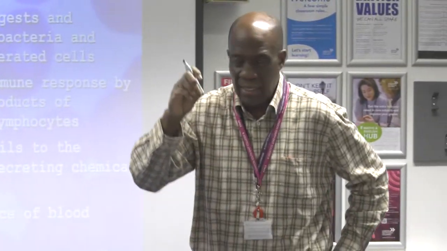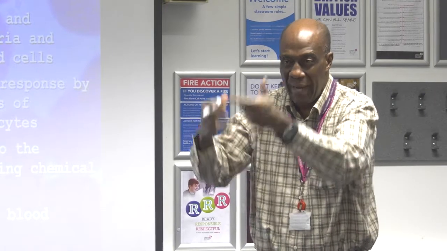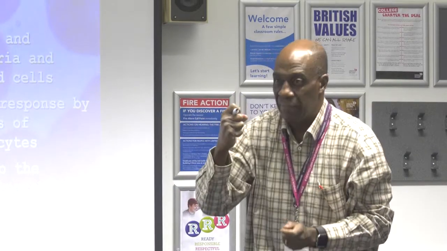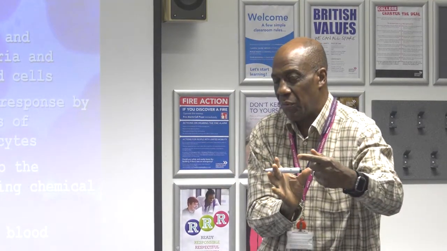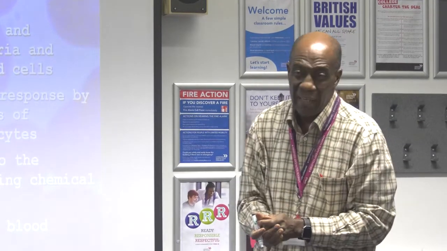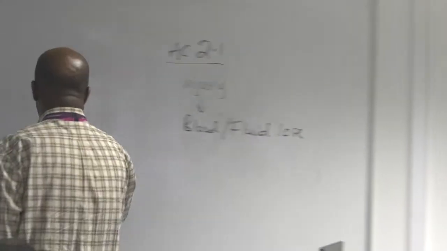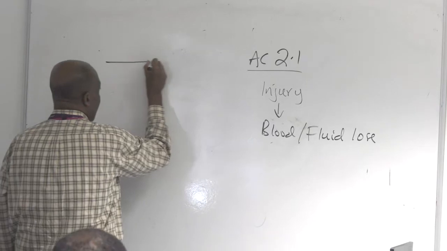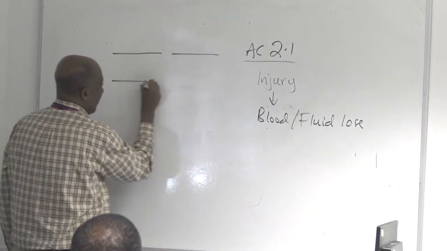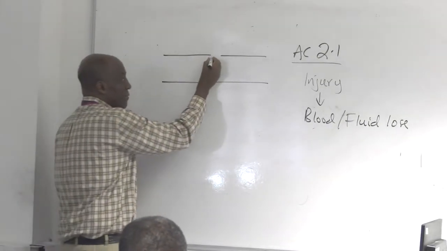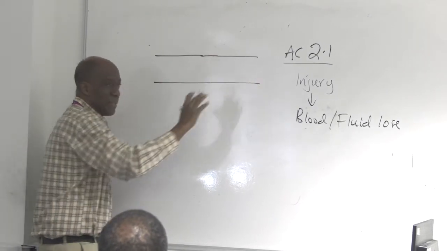But the question is, how would this person's body respond? They are in hospital. They are being seen to by the medical team. But how would this patient's body respond to help with the process of blood clotting? So if we take this as a blood vessel with blood flowing, there is no cut, the blood is flowing.